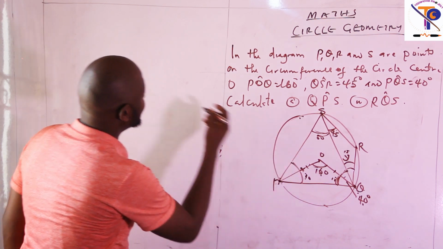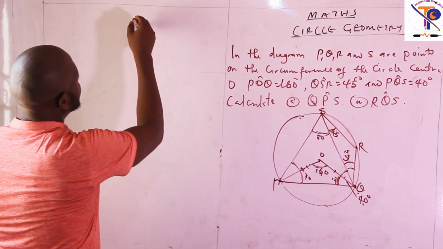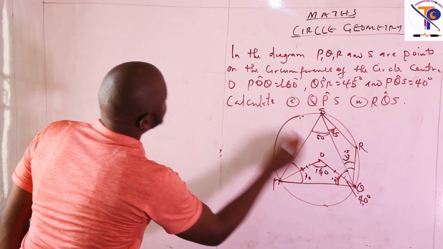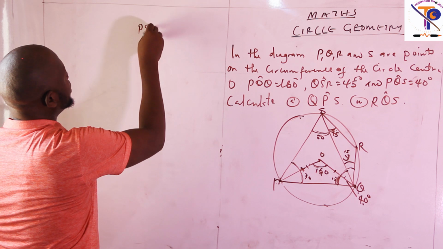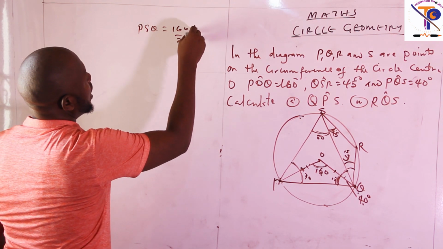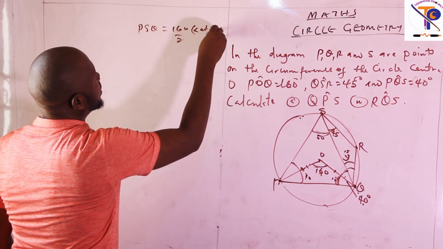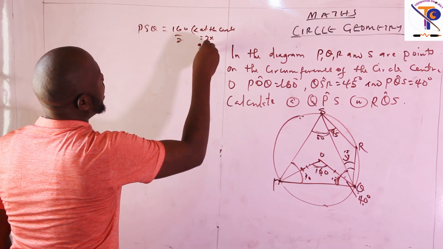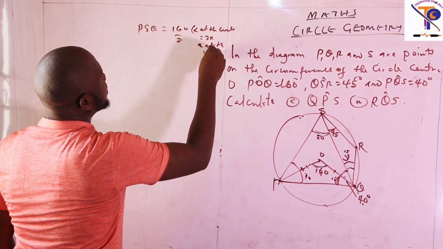Angle at the center twice angle at the circumference. So we have PSQ. PSQ is going to be 160 divided by 2, angle at the center is equal to 2x angle at the circumference.